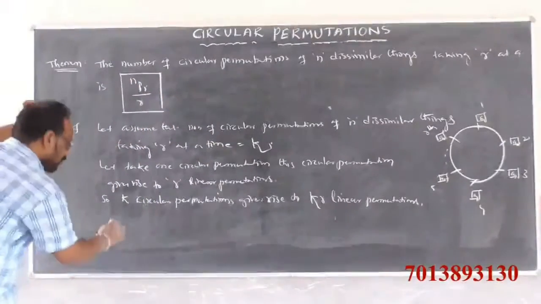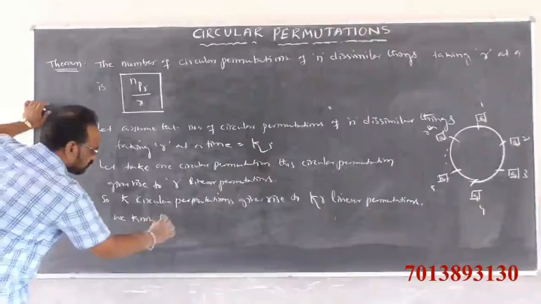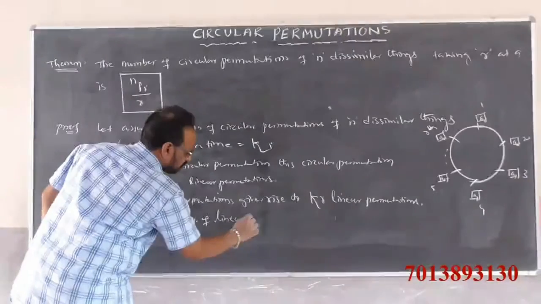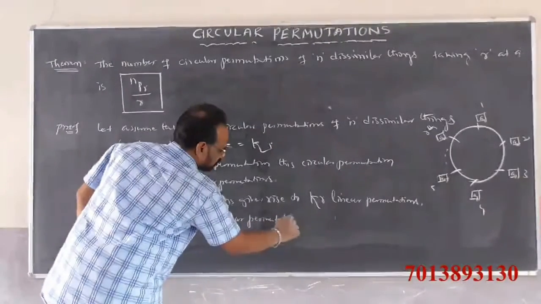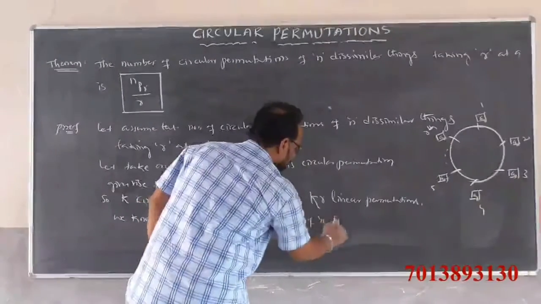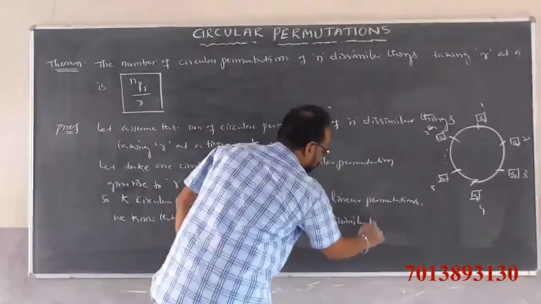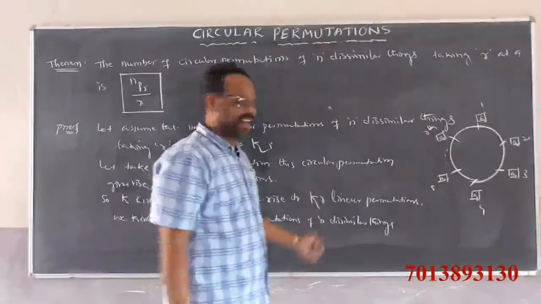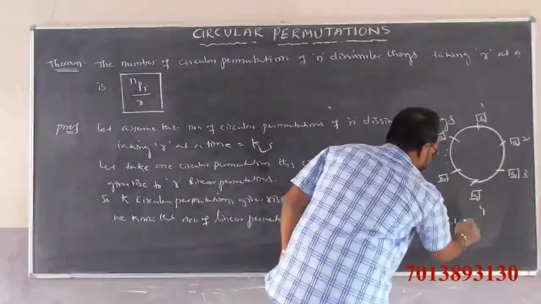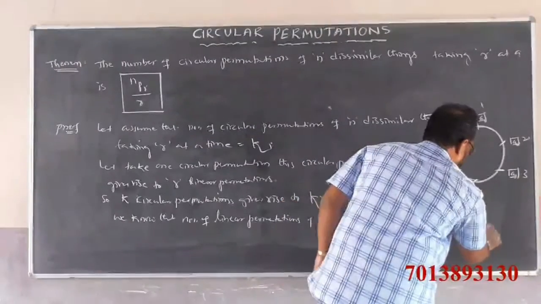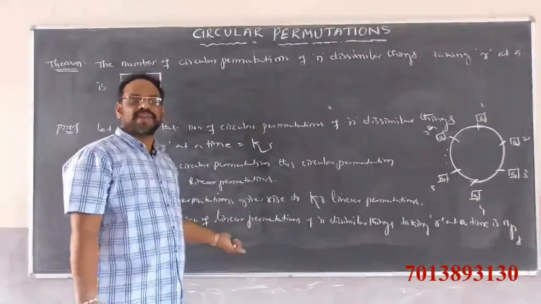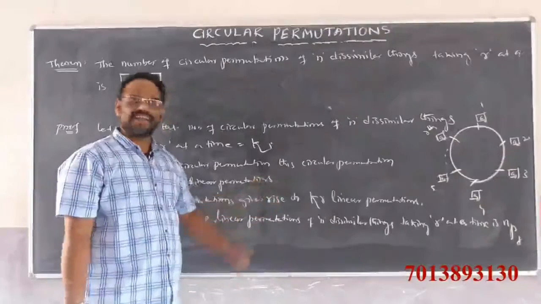According to the problem, we know that the number of linear permutations of n dissimilar things taking r at a time is clearly nPr.